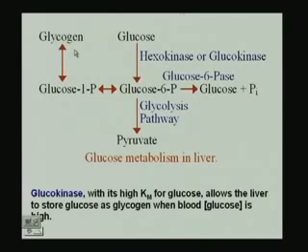Glucokinase, with its high Km value for glucose, allows the liver to store glucose as glycogen when the blood glucose level is high.